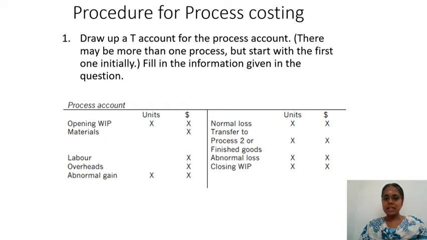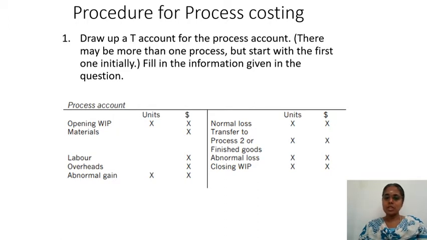Then on the right hand side, what are all sent outside? The remaining closing work in progress and its value, the units as well as the value. What are the units that are transferred to the next process? If there is a next process, then what are the units and the value of the units that are transferred to process 2? If there is no process after this process, then it is a finished good.